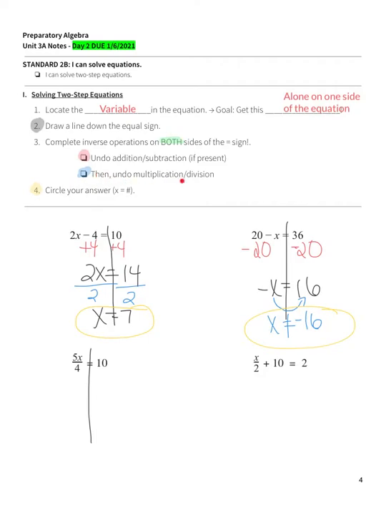Then we undo the multiplication or division. Remember, to get a variable by itself, when we have this fraction, you multiply by the inverse operation. And you guys were doing this in the last lesson. So 5x divided by 4, to get x alone, we need to multiply both sides by 4/5.